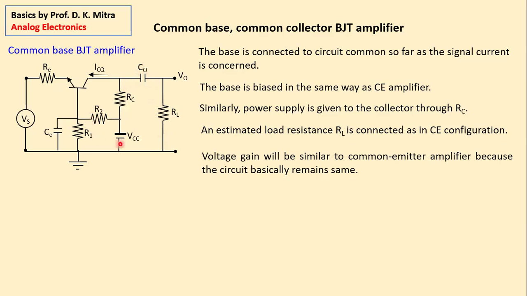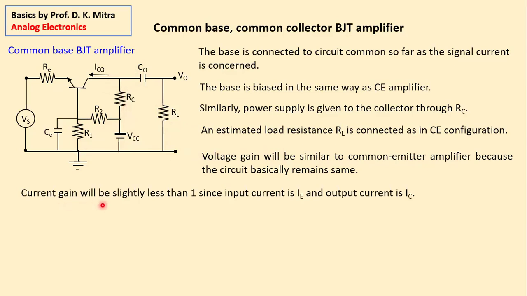Now in common base mode, the voltage gain will be similar to common emitter amplifier because the circuit is basically the same. But current gain will be slightly less than 1. Because what is the current here? It is the collector current. And what is the current here? It is the emitter current. And collector current and emitter current are more or less the same. In fact, collector current is slightly less than emitter current.